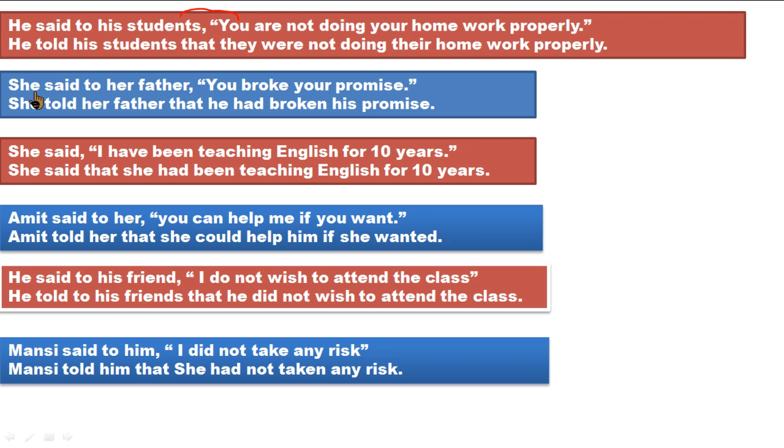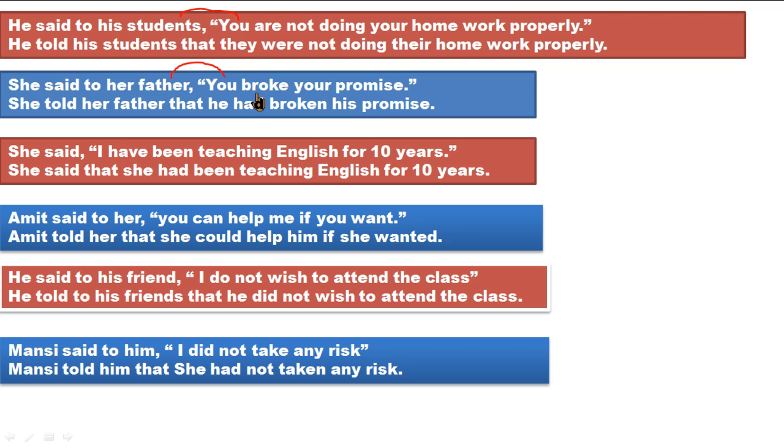The next sentence is, she said to her father, "You broke your promise." She told her father. We wrote that in place of comma and inverted commas. You is the second person. Second person is changed according to object father, so we wrote he.